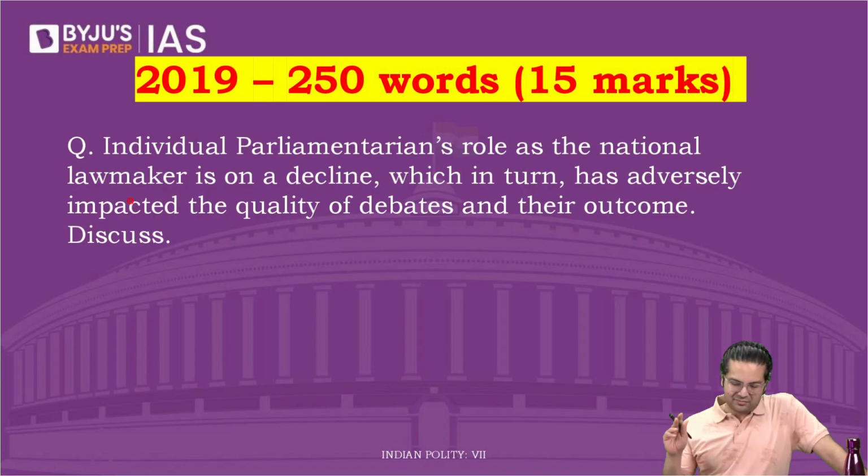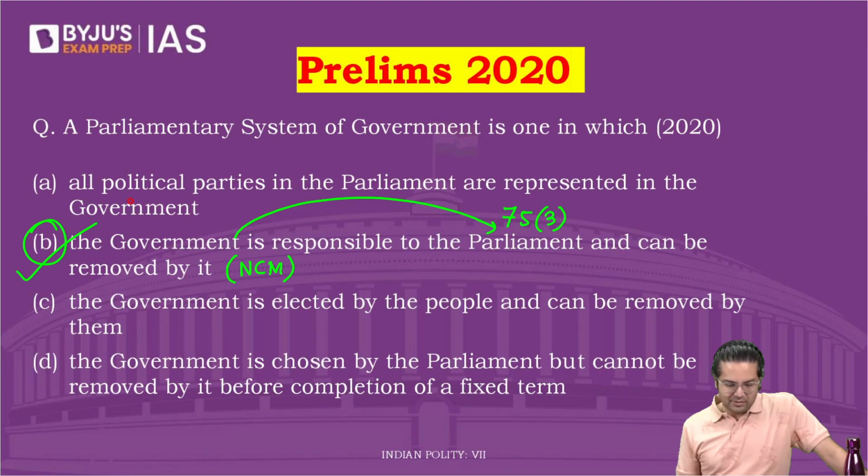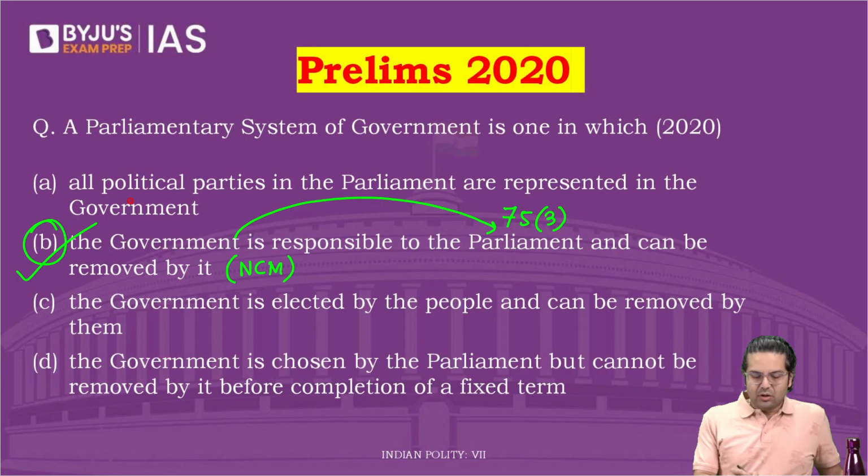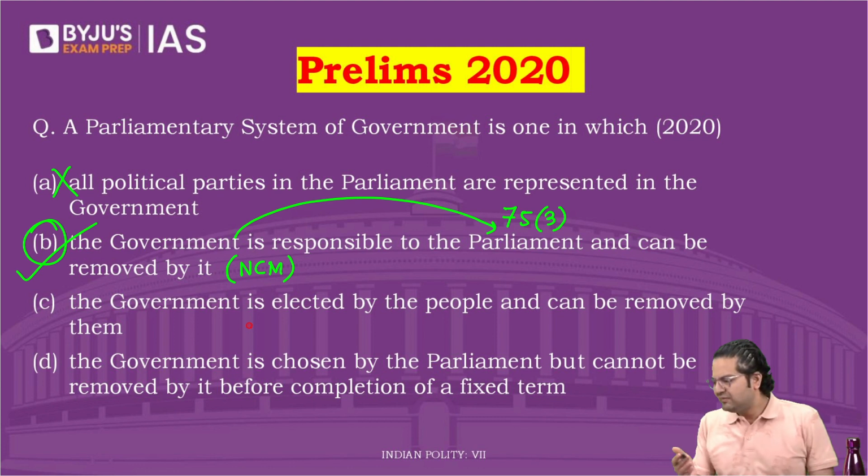See, okay. Calm down. The all political parties in the parliament are represented in the government. That's not possible. Congress is not represented. Wrong. The government is elected by the people. In our country, is the government elected by people? Please tell me, guys.